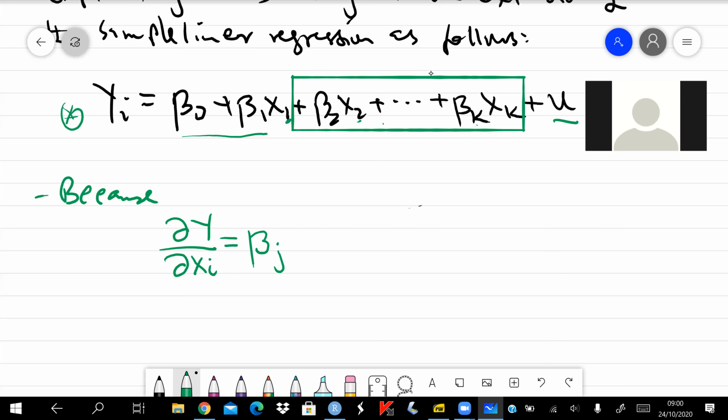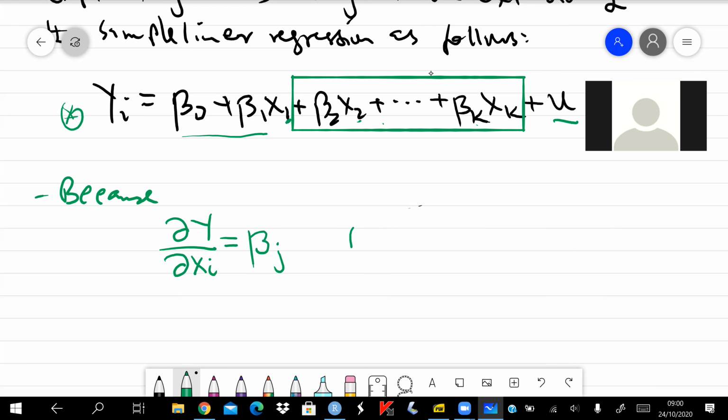In the same case, if you differentiate this function with respect to x2, then it means that you will hold x1, x3, all the way to xk constant. And the partial derivative of y with respect to x2 will be beta 2. So that's why I'm putting the subscript here.